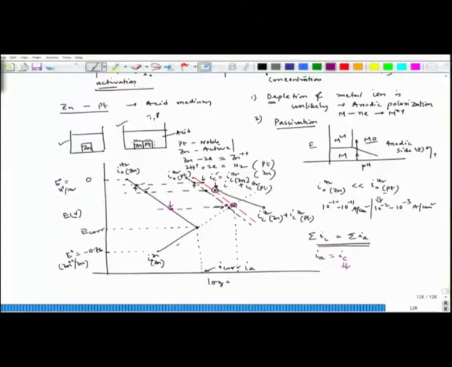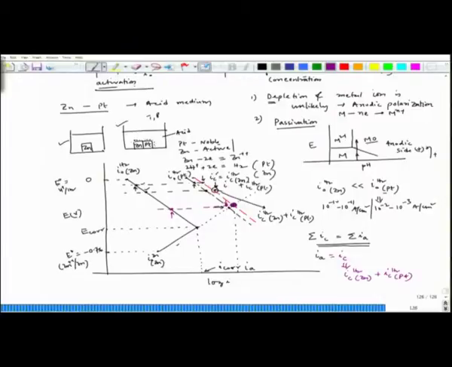This IC has two parts, one is this IC, another one is this IC: IC of hydrogen evolution on the zinc surface plus IC of hydrogen evolution on the platinum surface.